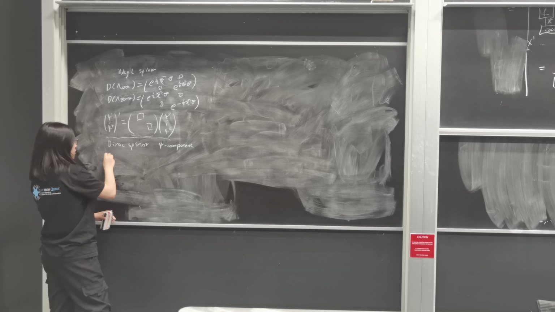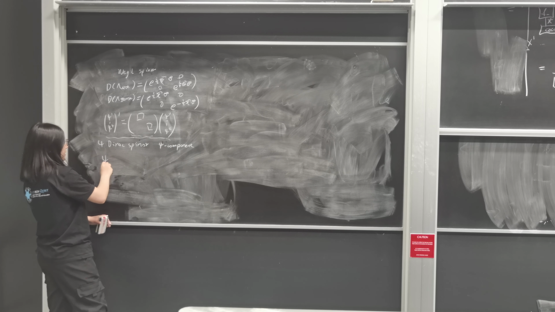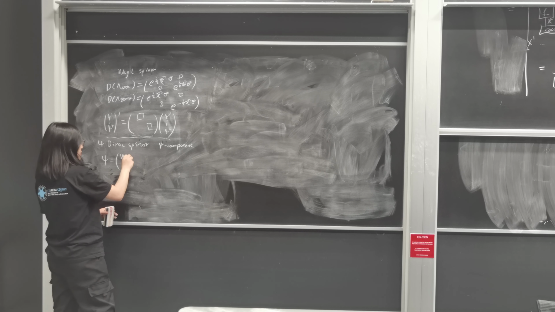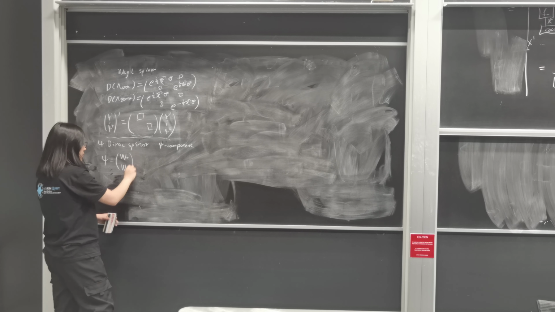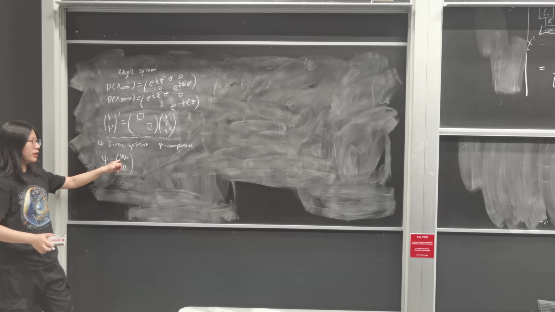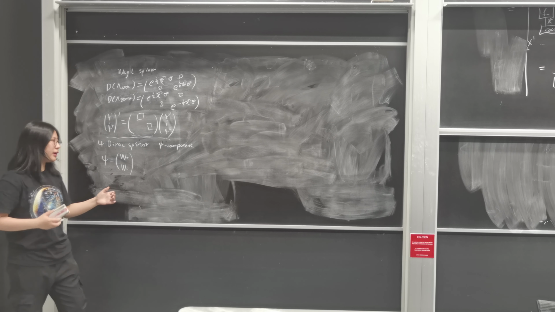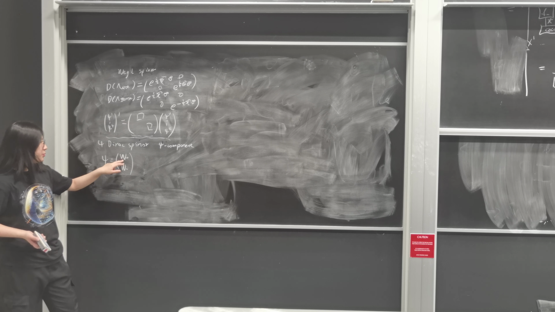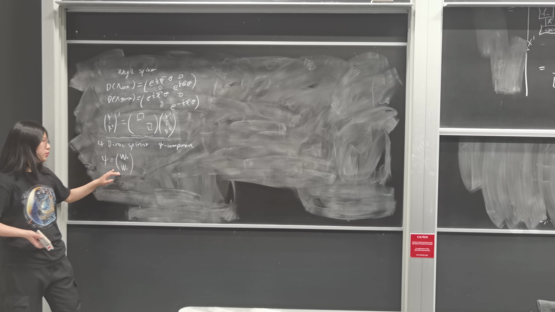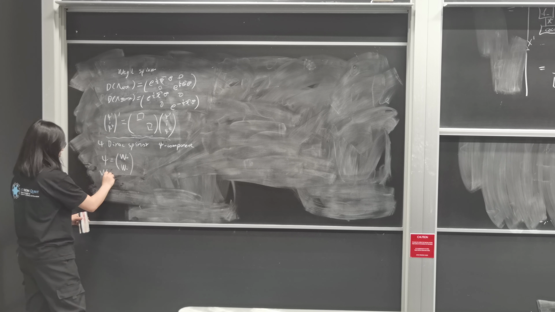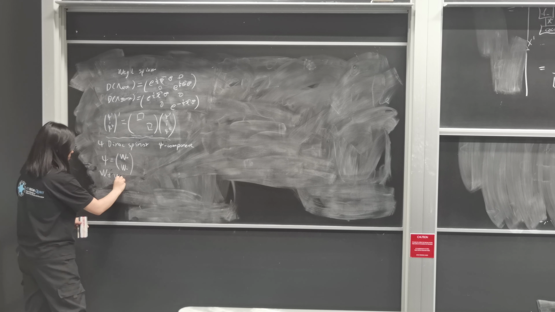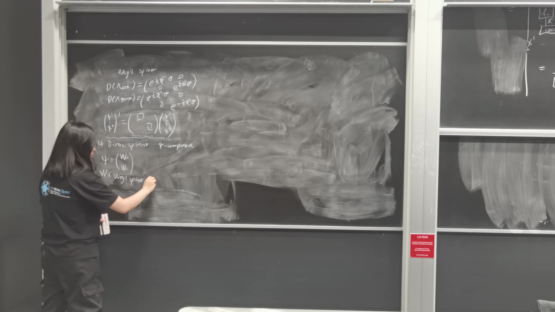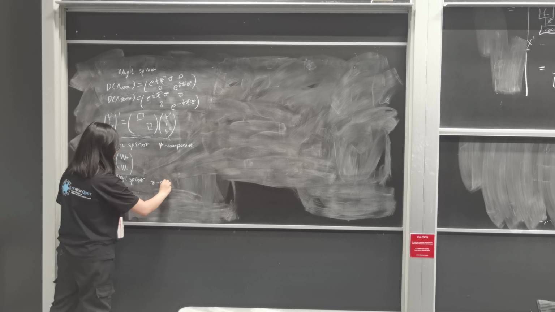Now let's write it as some W plus, W minus, and each W here is a 2-component spinor. It is called a Weyl spinor. So W plus minus is just the Weyl spinors. It is a 2-component spinor.